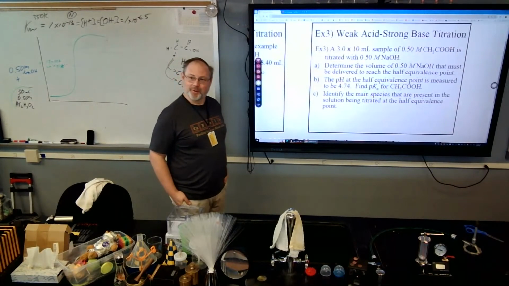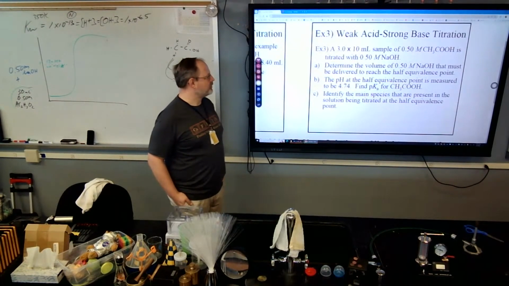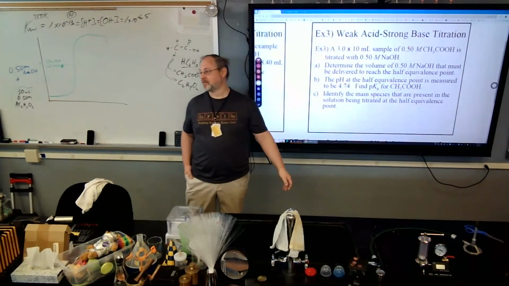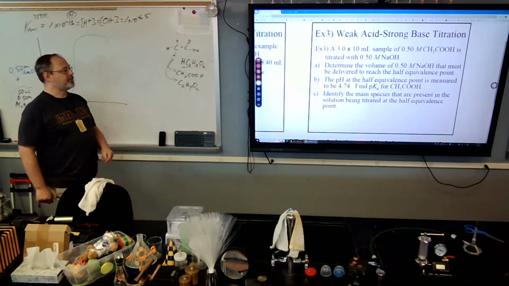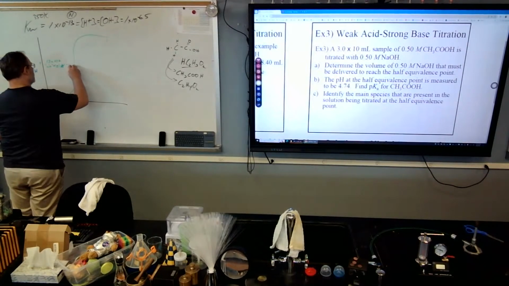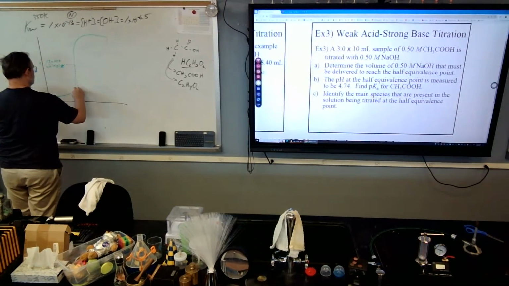Because it wants to know what the pH is at half the equivalence point. It's that, or pKa equals the pH. Because at half the equivalence point, the back half of the Henderson-Hasselbalch disappears. But let's go ahead and find out what it is. What is the volume at the equivalence point? So what is the volume at half the equivalence point?